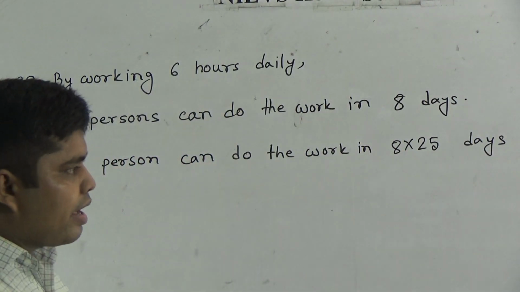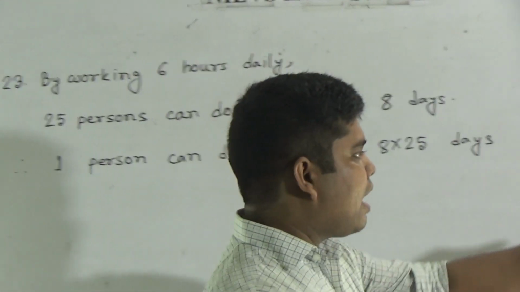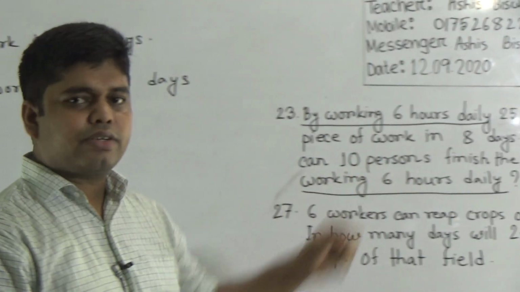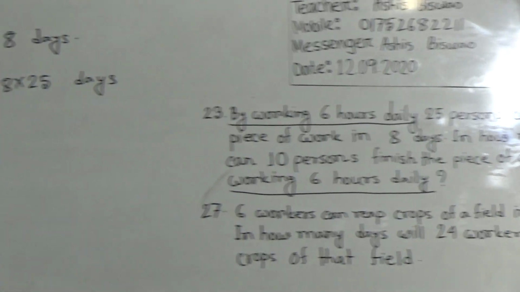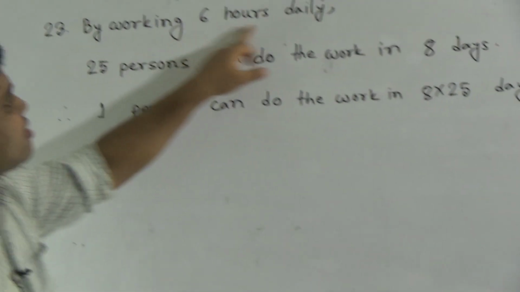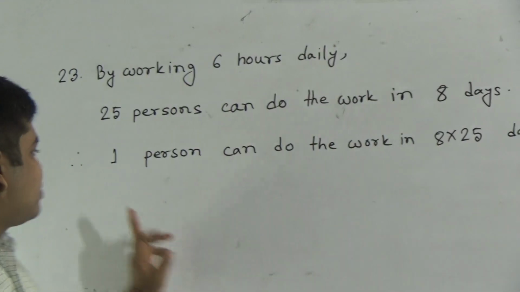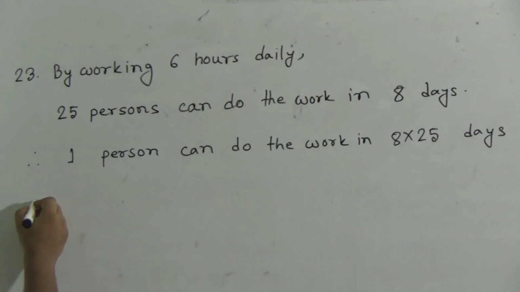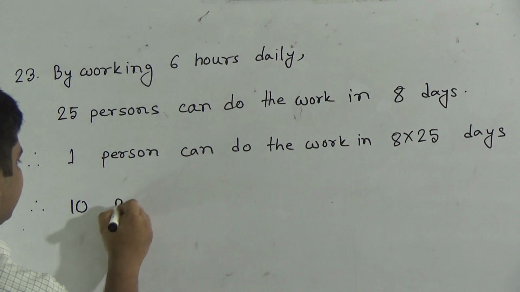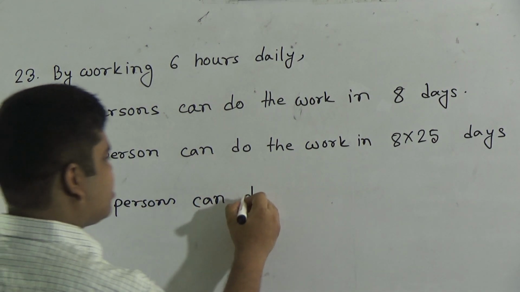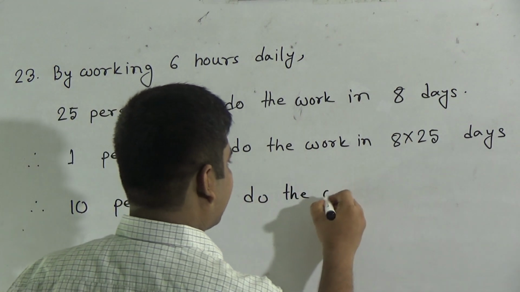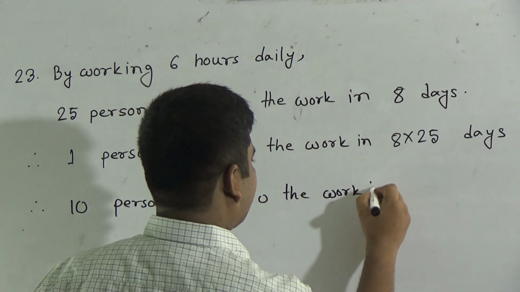Okay, here you notice: in how many days can 10% finish the work by working 6 hours daily? Here, "by working 6 hours daily" has already been written. So here I write therefore 10% can do the work in.